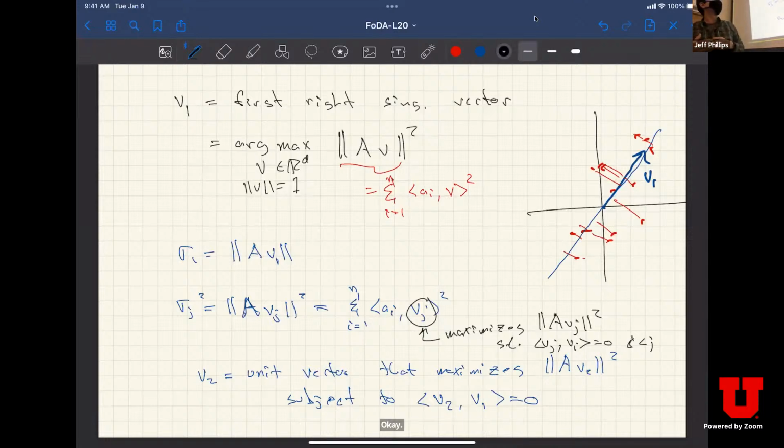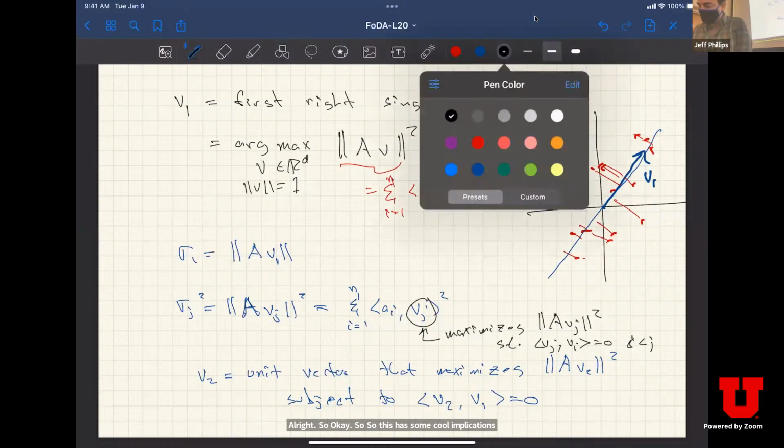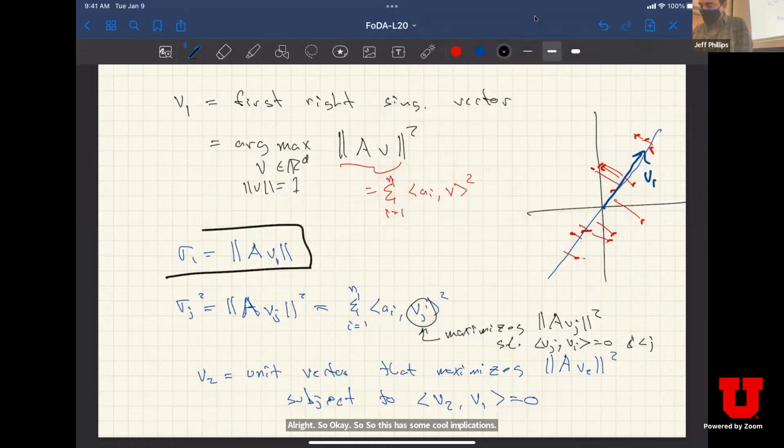All right, so this has some cool implications. Again, I have that sigma i is equal to the norm of A times Vi. This is equal to the spectral norm.